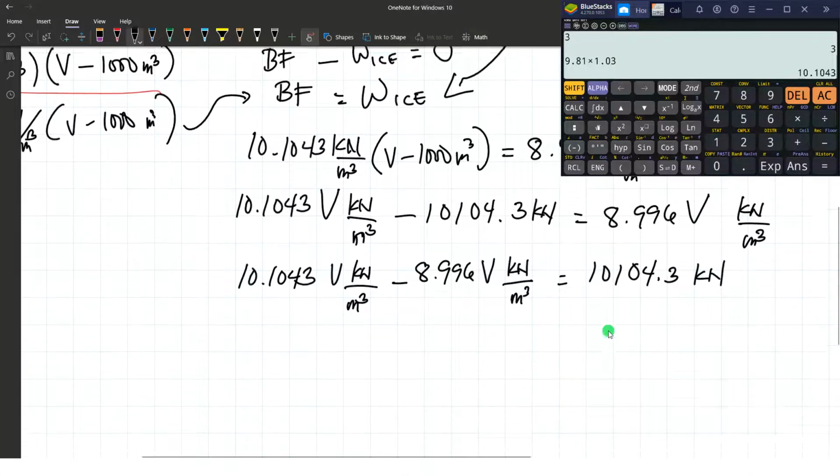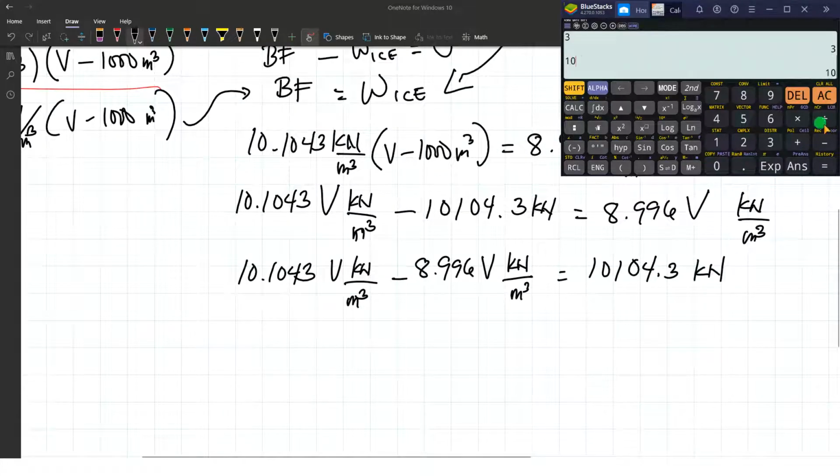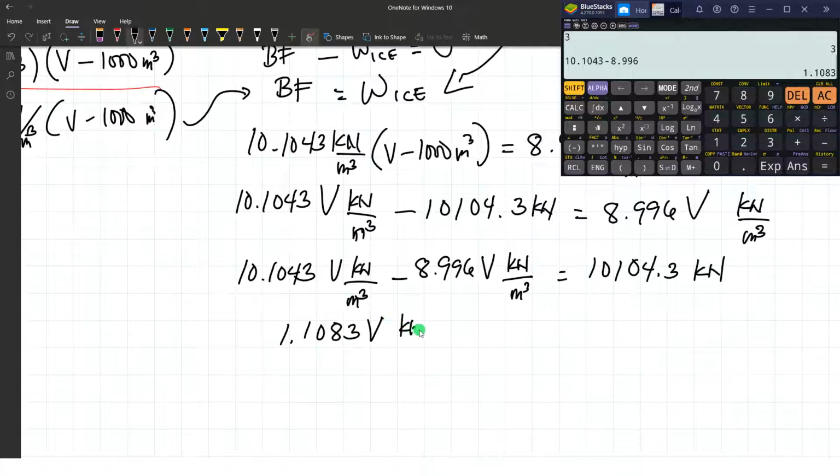So combining like terms, we subtract 10.1043 minus 8.996. That's 1.1083 V kilonewtons per cubic meter, that is equal to 10104.3.